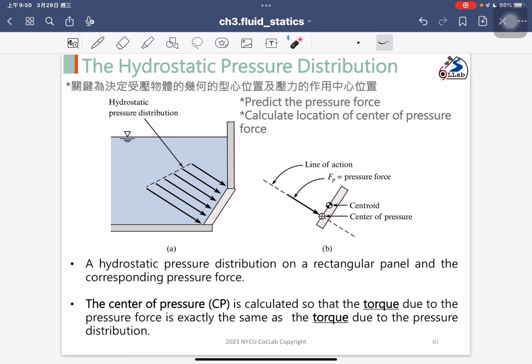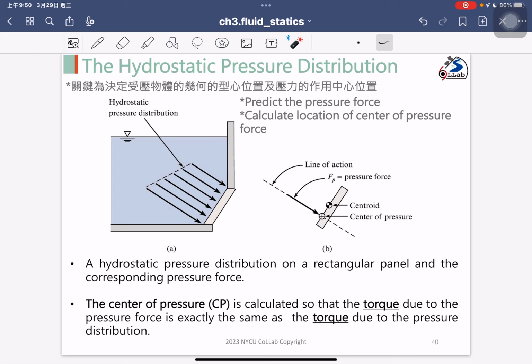But in a real case, if we put the panel into the water, you can see the pressure is not uniform, right? So these are our two conditions. If we put the plate into the water, you cannot have a uniform pressure distribution, because if we go into the deeper part, the pressure will increase.